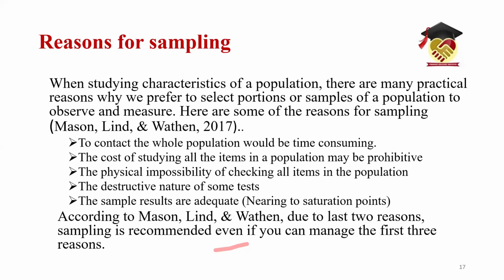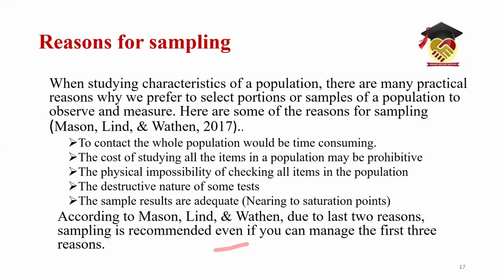Number 5 means that when you keep on collecting data, your data becomes saturated. After that, there is no meaning even if you collect more data. For example, quantitatively, if you try to collect data after 384, you won't get any difference because you have come to the saturation point.